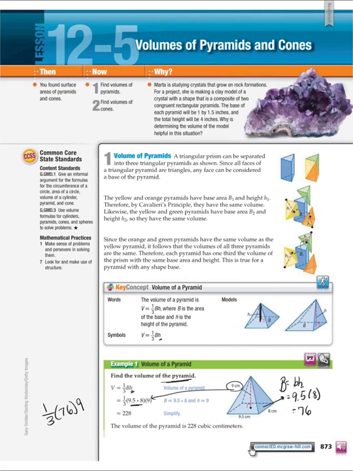Because I can take 1/3 of 9 quickly in my head. And I get 228 cubic centimeters, since we're still talking about volume. Again, that uppercase B is all about finding the area of the base. That's all about Chapter 11.